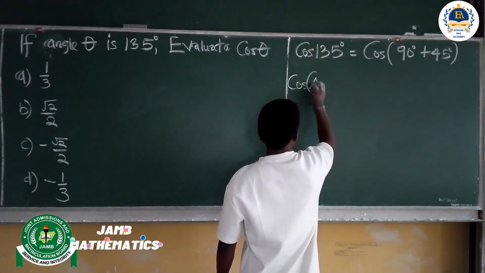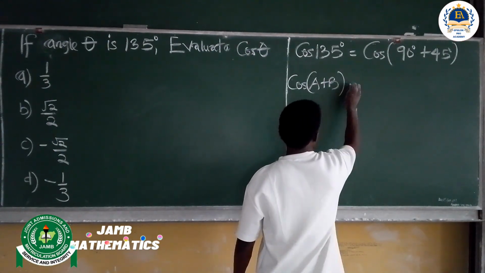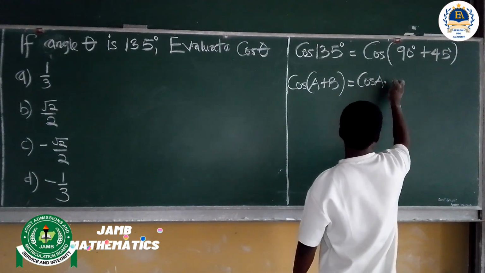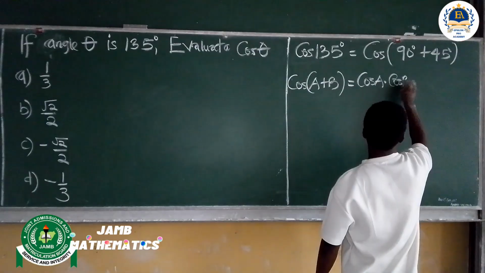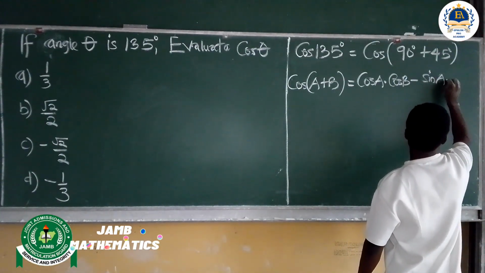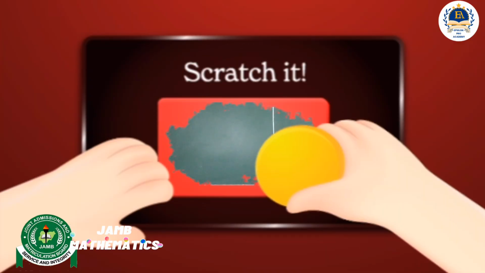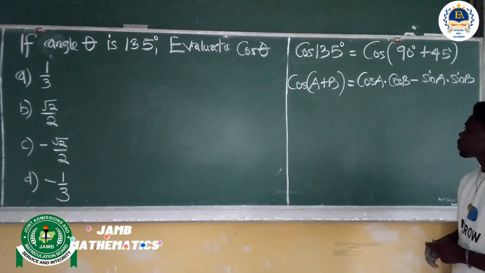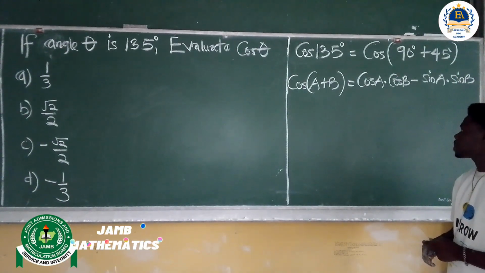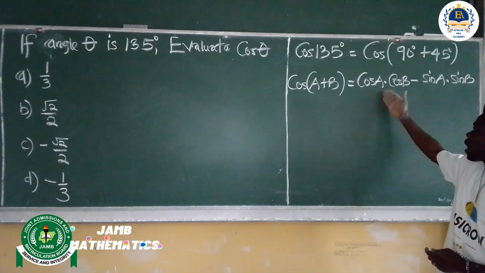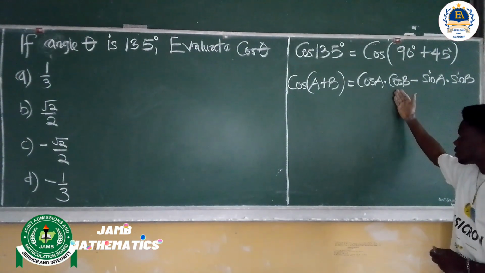The angle formula: cos A plus B is equal to cos A times cos B minus sin A times sin B. We are going to express this in this term. So cos A is cos 90 and cos B is cos 45 degrees.